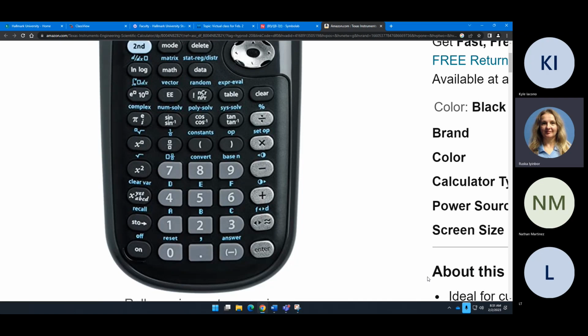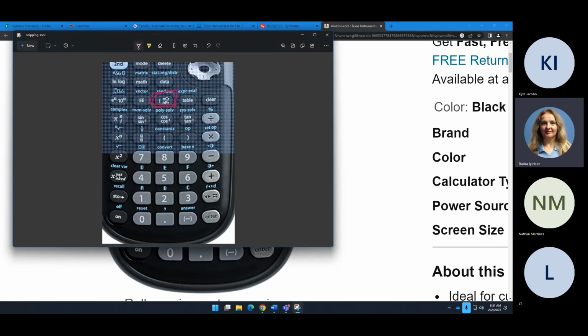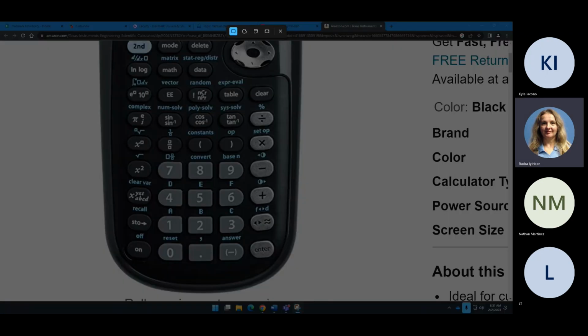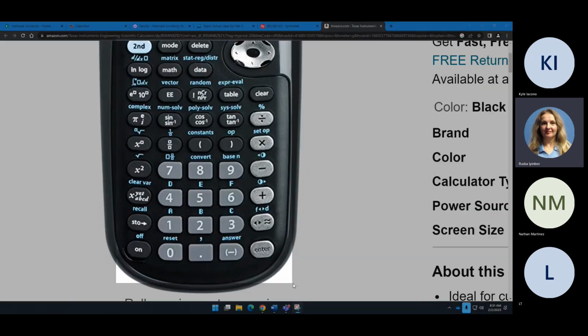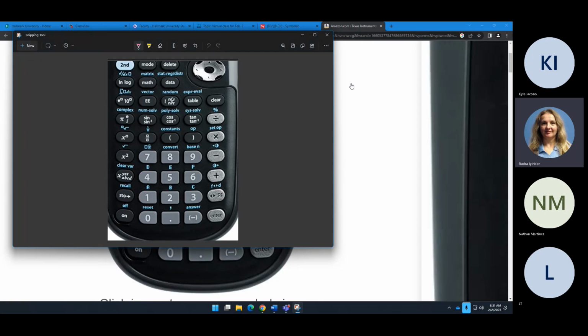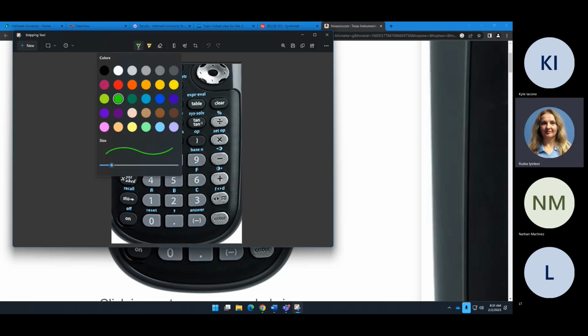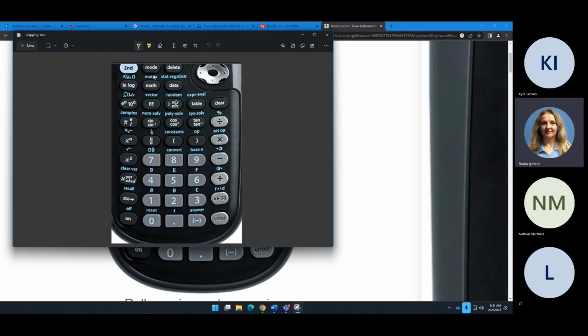Okay. So on your calculator, let me screenshot this again so I can show you. So on this calculator, what you're gonna do, we're gonna press, you see math? You press math and then you press the number 5.